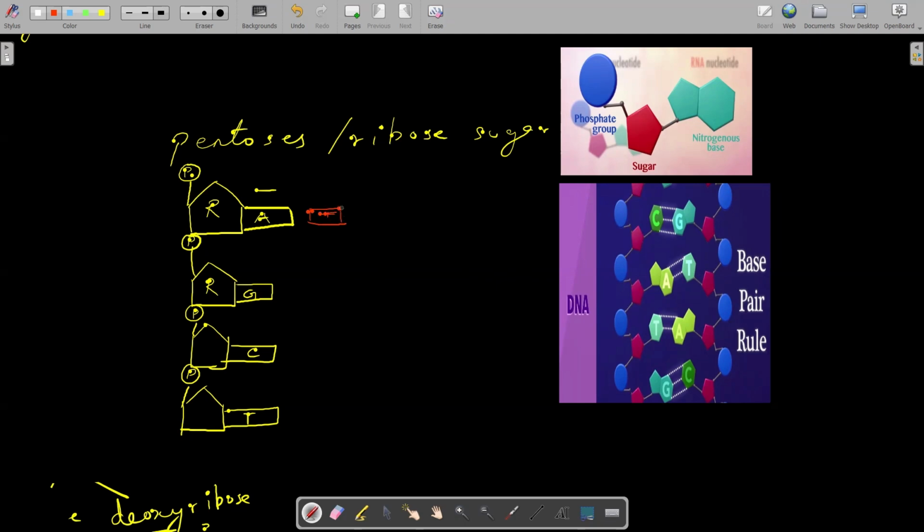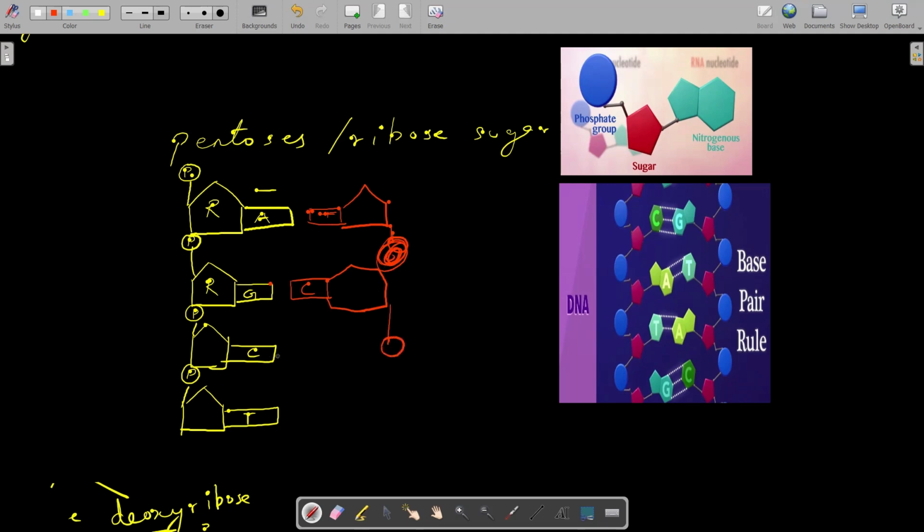So here's the base, and then you have the ribose sugar and the phosphate group. Guanine will always pair up with cytosine. The phosphate group makes the backbone here, and it's the reverse.